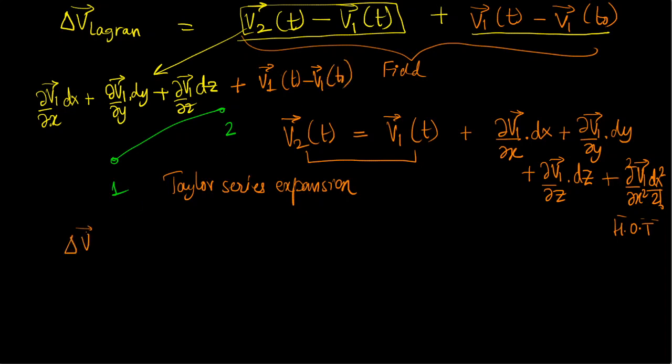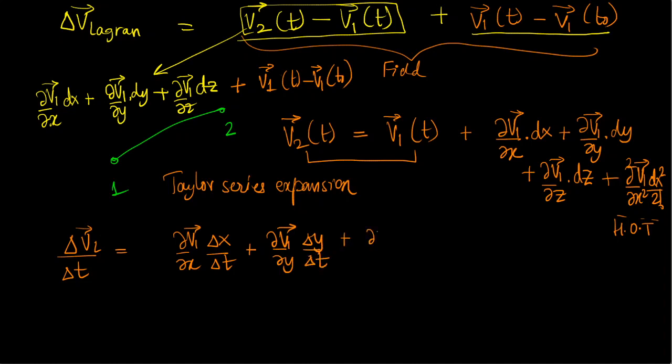So delta v Lagrangian divided by delta t essentially becomes del v1 del x, instead of writing it as dx, I can better write it as delta x upon delta t, plus del v1 upon del y delta y upon delta t plus del v1 del z delta z upon delta t plus terms containing delta x square, delta y square, and all higher order terms divided by delta t.